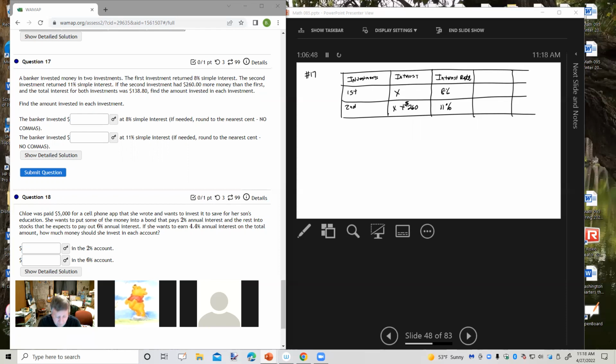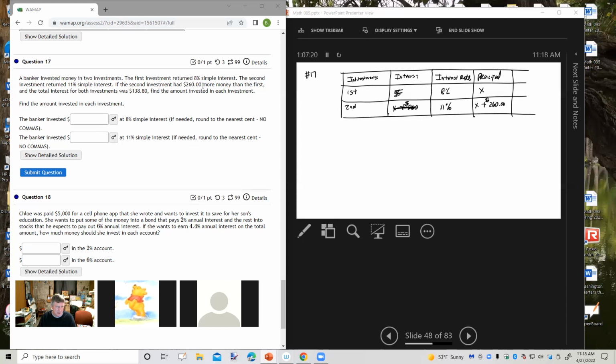Oh. So this is not the interest. Let's see, the second investment returned, the second investment, this is the investment. So hang on, this is wrong. What do I need? I need the principal. So the principal was X and X plus $260. Why did I change that? All right, here it says the second investment had $260 more money.